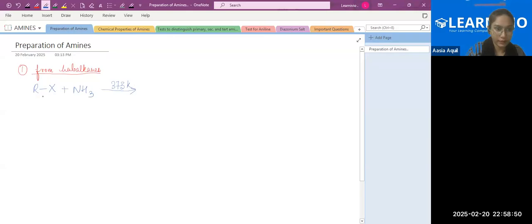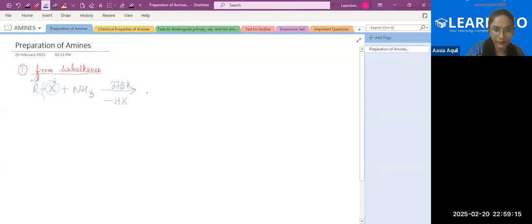The C-X bond will break, X will get a partial negative charge, and the carbon a partial positive charge. So this X and one hydrogen will be removed as HX.